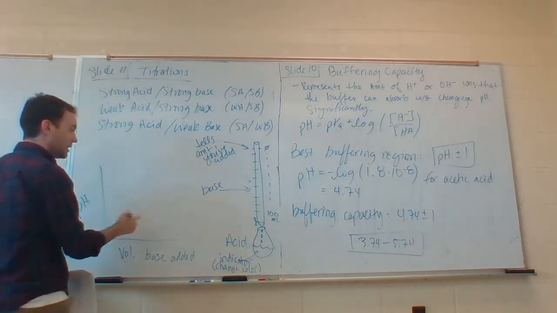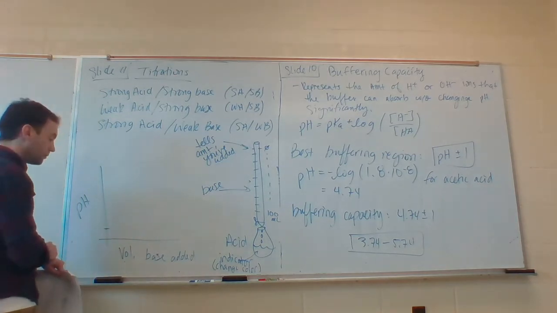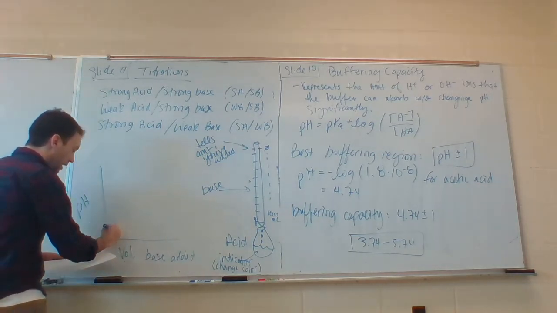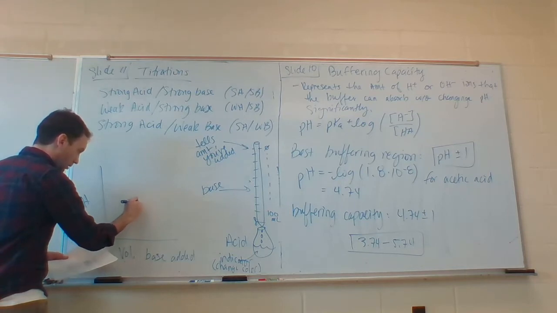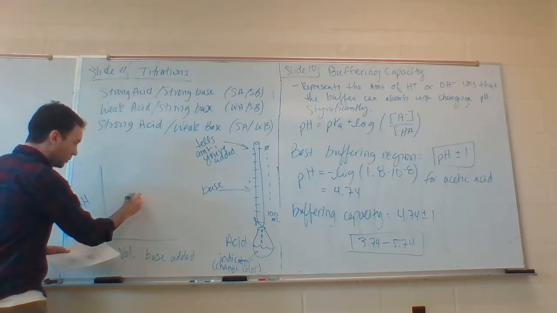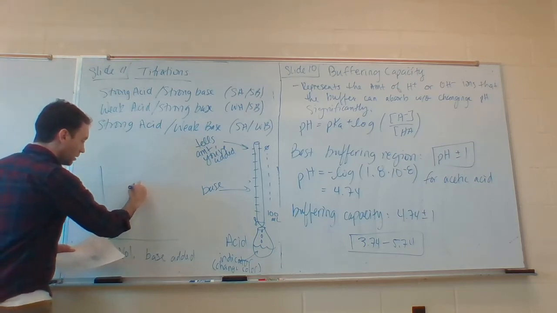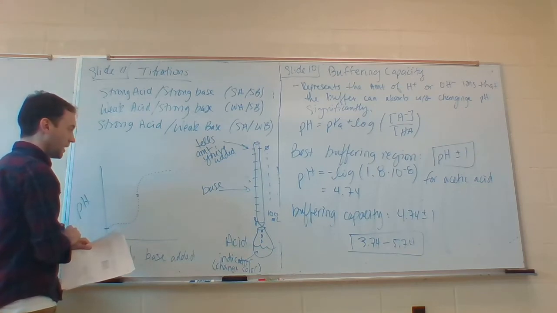Okay? That means that since this is an acid, our pH is going to start out low. Okay? And we're gradually going to go up in pH a little bit, and then at some point we will reach equivalence and it will become basic.